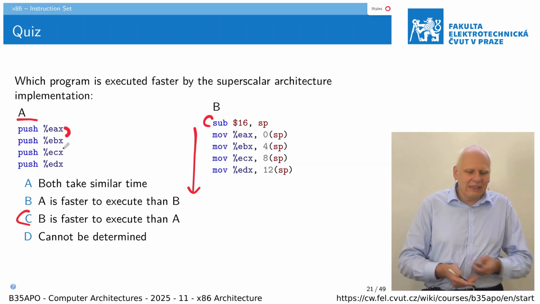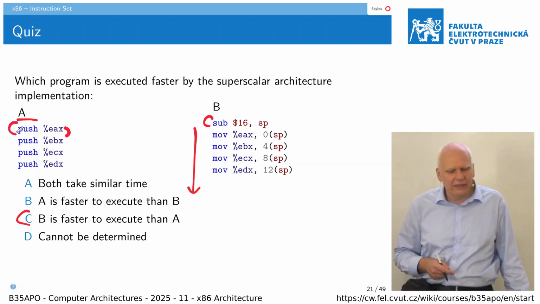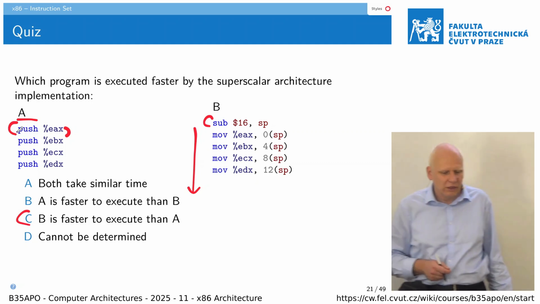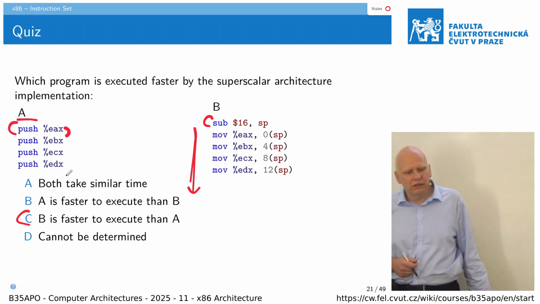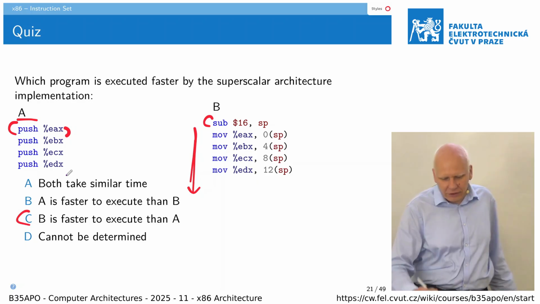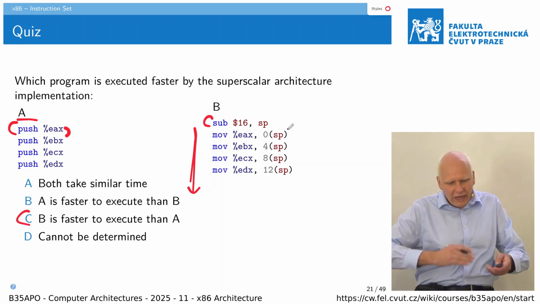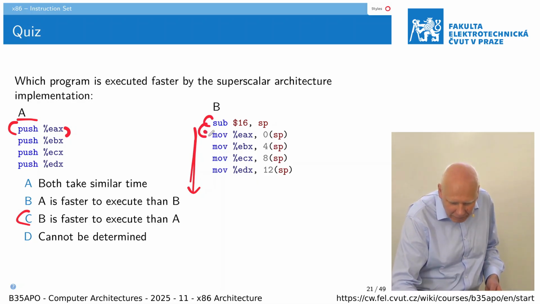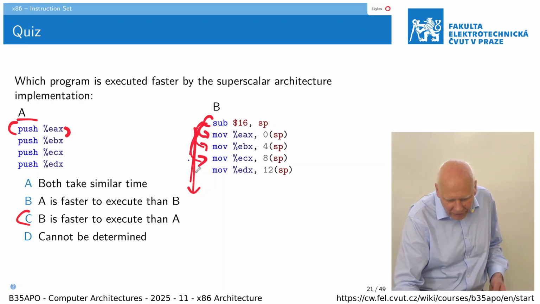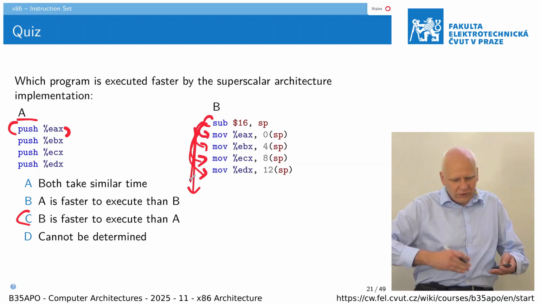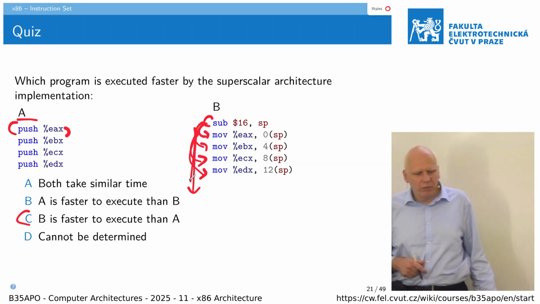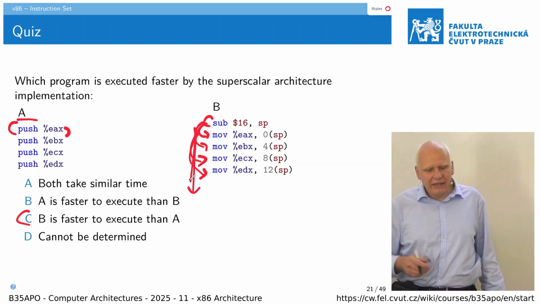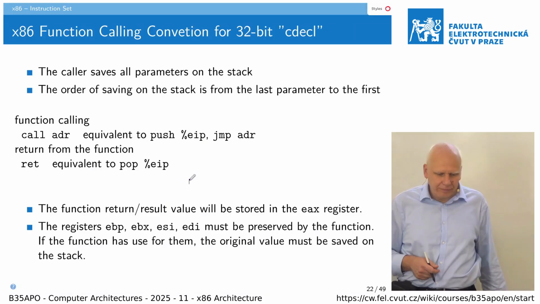So in the end, what looks like a good idea at the start of the design of the processor doesn't work well, and usually today you do not find those push instructions in the code, or very few of them, because it is much faster to move, where all those instructions have a dependency only on that first instruction, the advance of the stack pointer. At this moment we are done, and all other instructions can run in parallel.